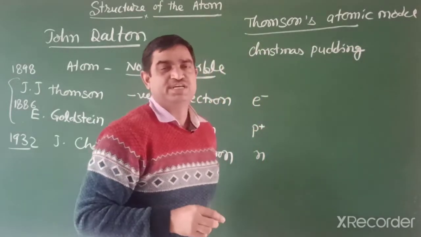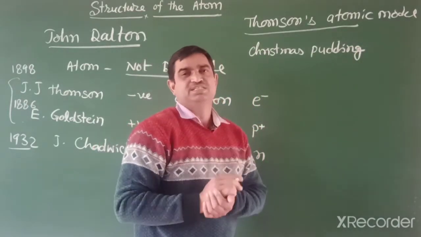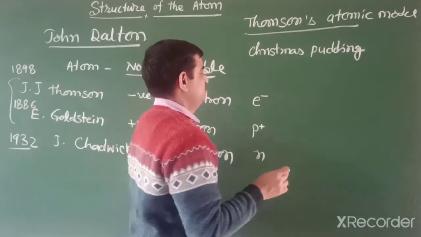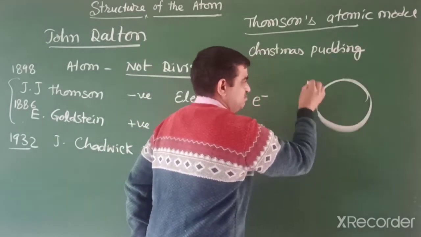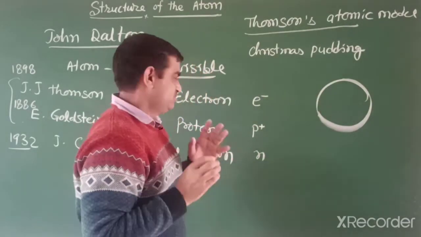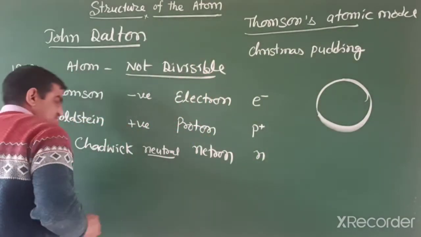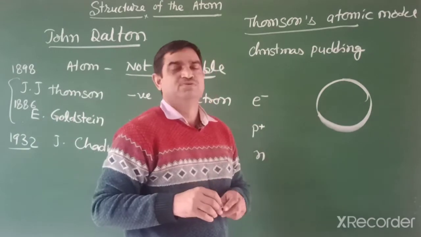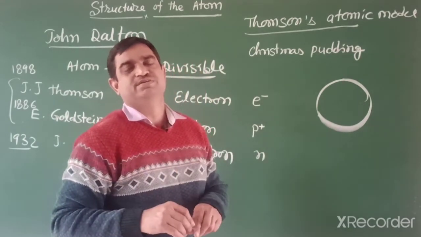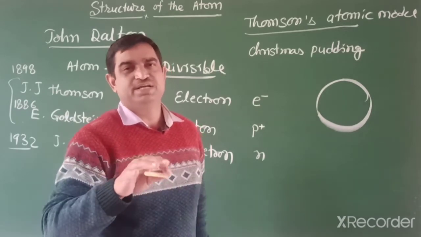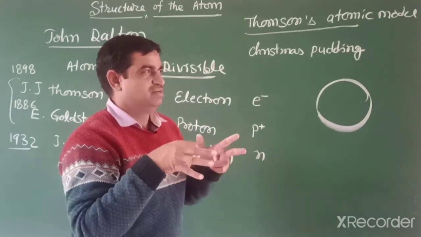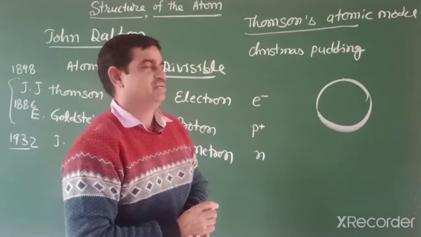Thomson belonged to Britain, and pudding is a sweet, of spherical shape. This sweet is similar to our laddu, or we can say a watermelon. The reddish part in a watermelon is the edible part, and the black seeds are embedded in that reddish part.